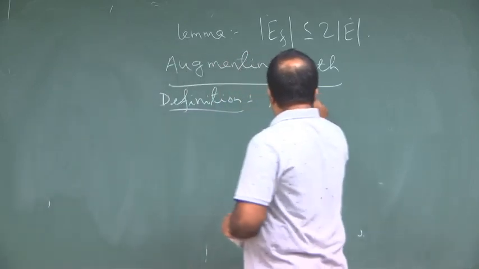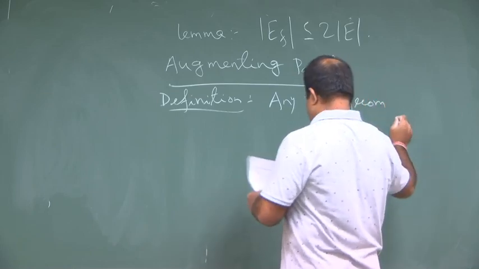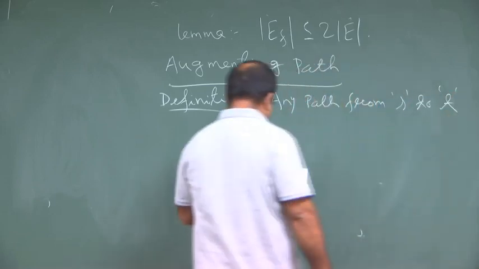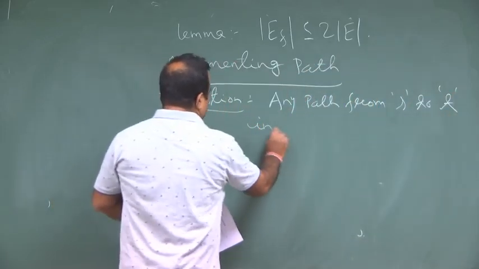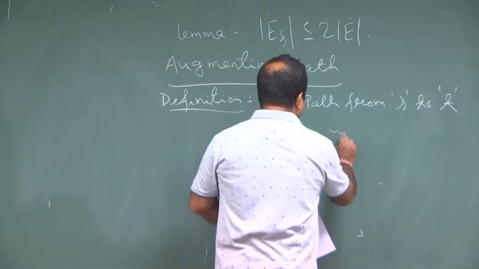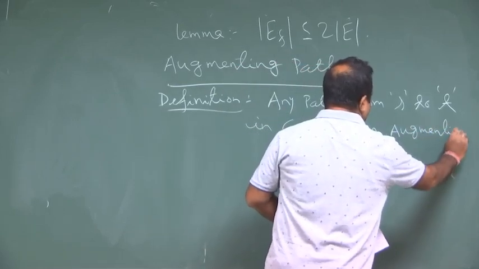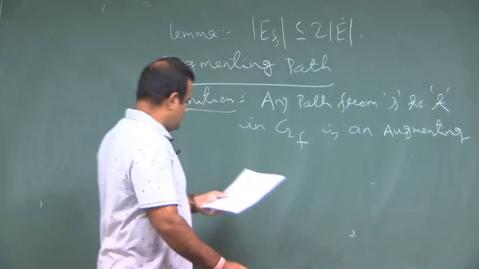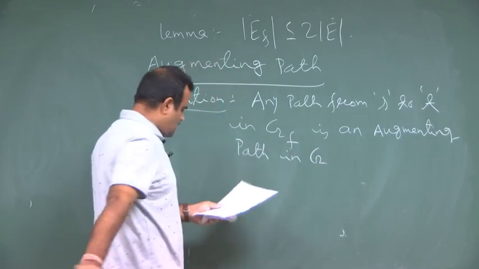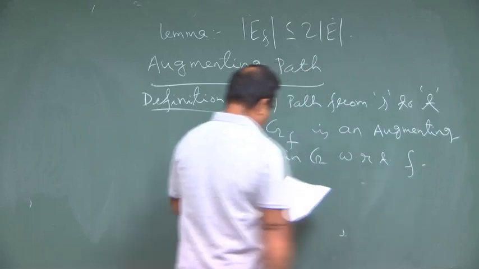Any path from S to T in G_f is an augmenting path in G with respect to the flow f.